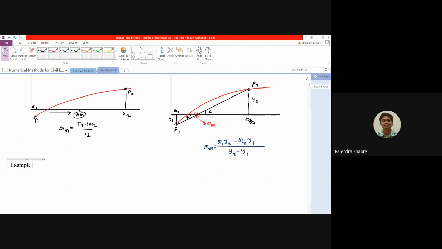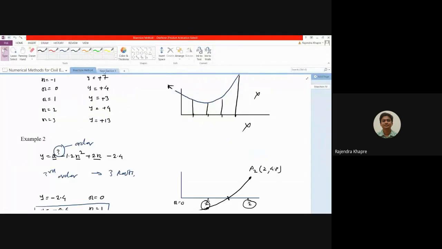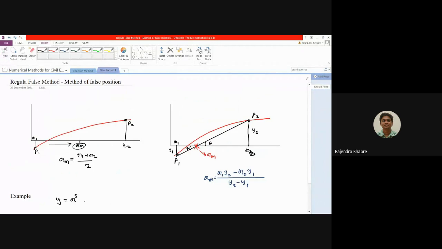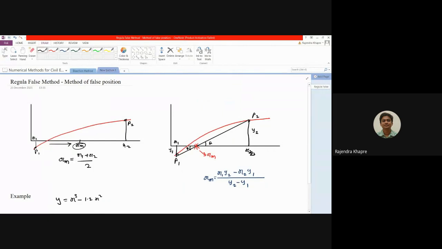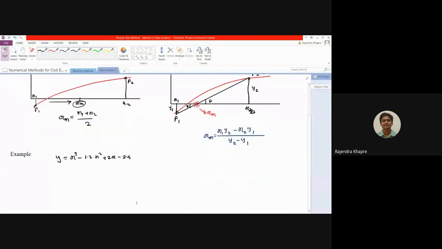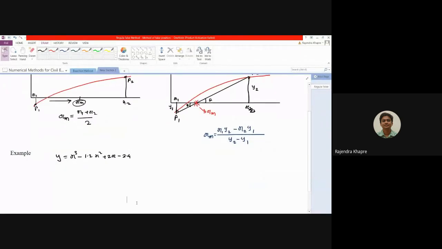So here you have y equals x to the power 3 minus 1.2 x square plus 2x minus 2.4. I will not be going into the graphics now.